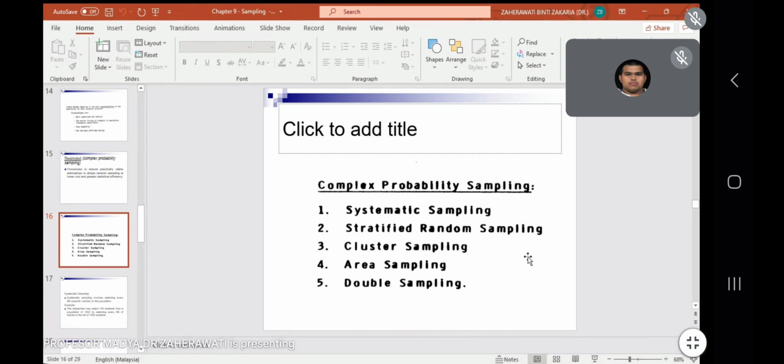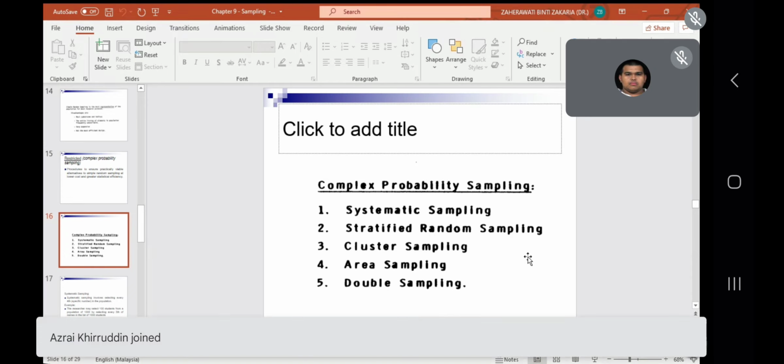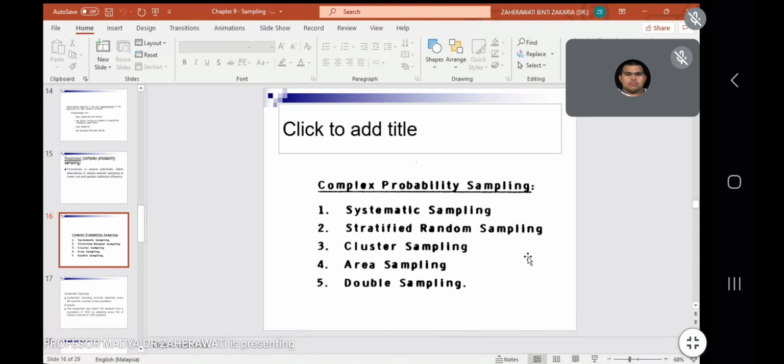If you choose cluster, let's say you choose the staff in your organization as respondents. Cluster means you already have a diversity of ranks, some groups already ranked among the respondents, so you clusterize the group.